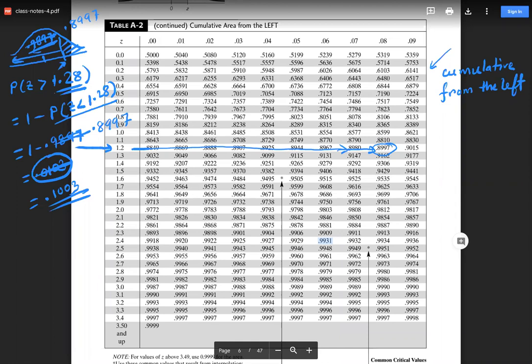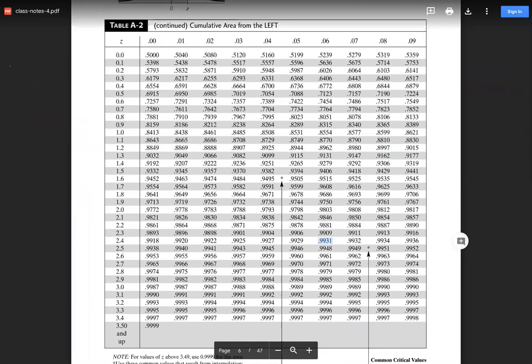Based on this, the rest of the topics, you'll get a mastery of it based on how much you learn here. And if you understand the normal distribution, how to go back and forth between any normal distribution and standard normal distribution and finding the associated probability, then you're good. You're well prepared.